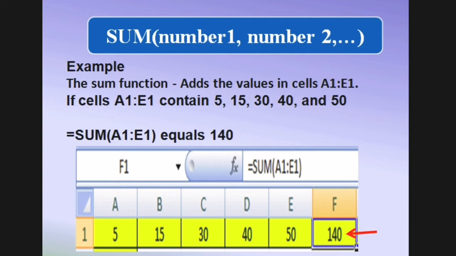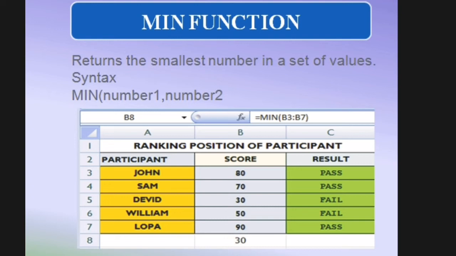If you want to find the minimum value in this list, type the formula equals MIN, select the range and press the Enter key, and it will show the smallest number in this range. So your answer will be 30.